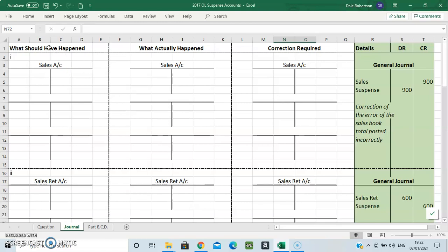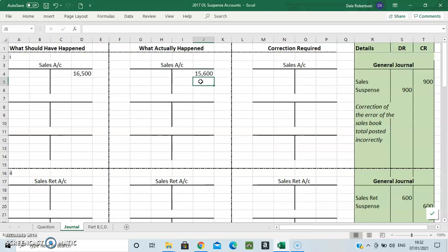So what should have happened here, sales of course should go on the credit side because they're an income, and indeed they have got on the credit side, but just the wrong amount. So it should have been 16,500, but instead they posted it as 15,600.